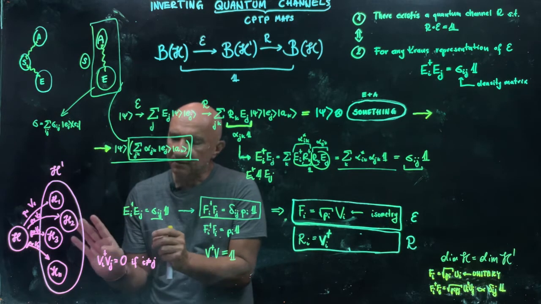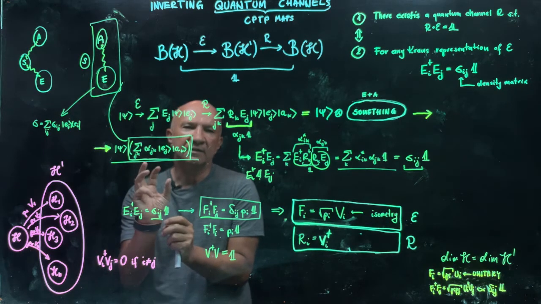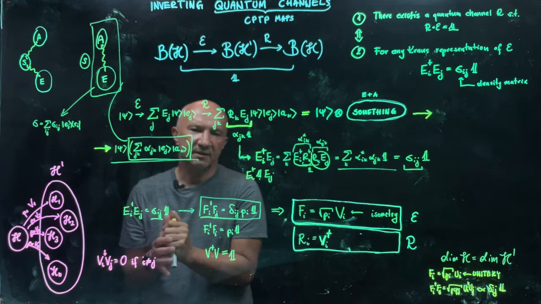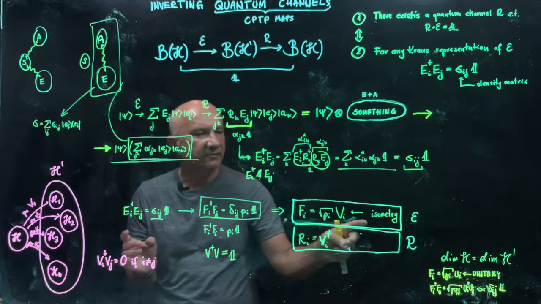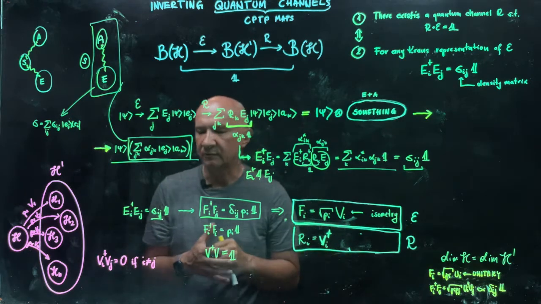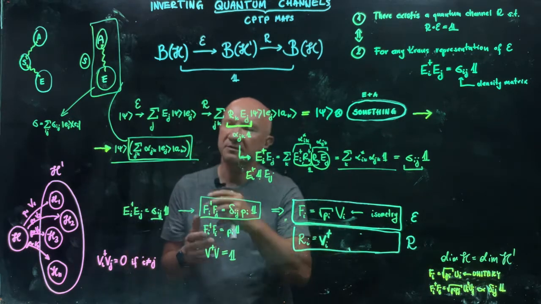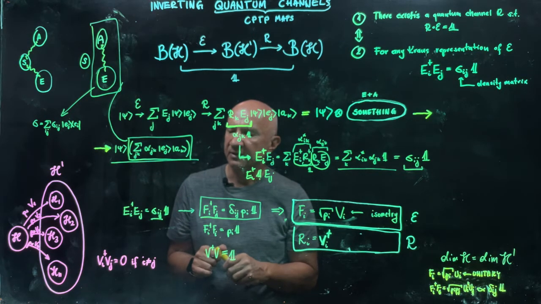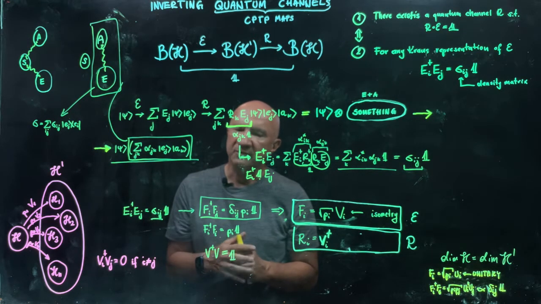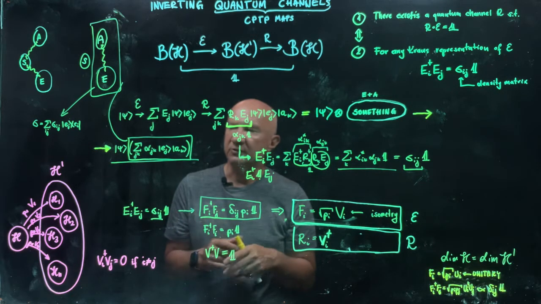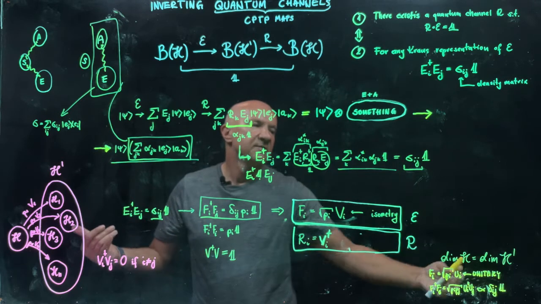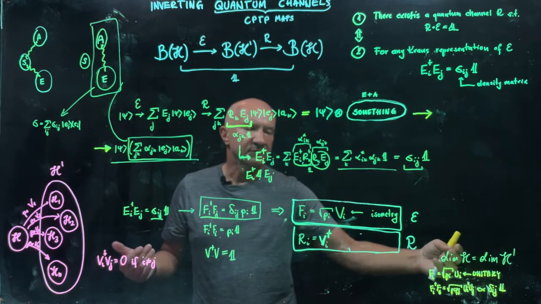That means that if we have one unitary in our set of Kraus operators, all other operators of this type have to be equal to 0, or if you switch into a unitary equivalent set of Kraus operators, then all Kraus operators have to be proportional to the same unitary operator. So that's for the case where H is equal to H prime.